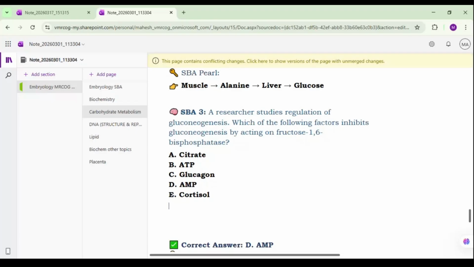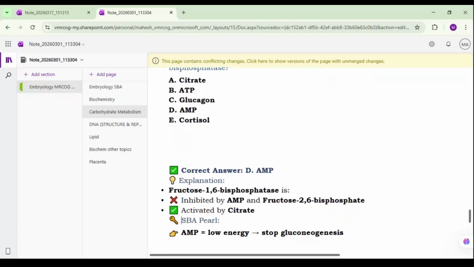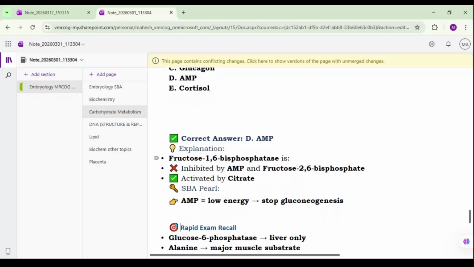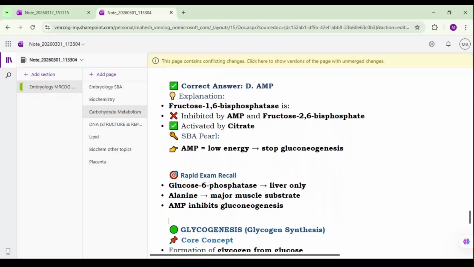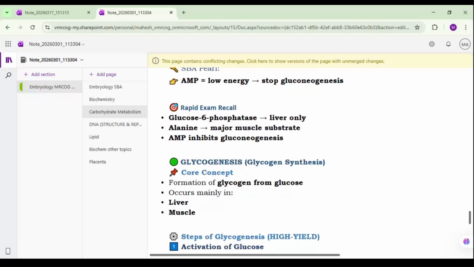Option D, AMP. Fructose 1,6-bisphosphatase is inhibited by AMP and fructose 2,6-bisphosphate. It is activated by citrate. AMP signals low energy, so it will stop gluconeogenesis. So glucose 6-phosphatase is present only in the liver. Alanine is the major muscle substrate. AMP inhibits gluconeogenesis. This is the take-home message.